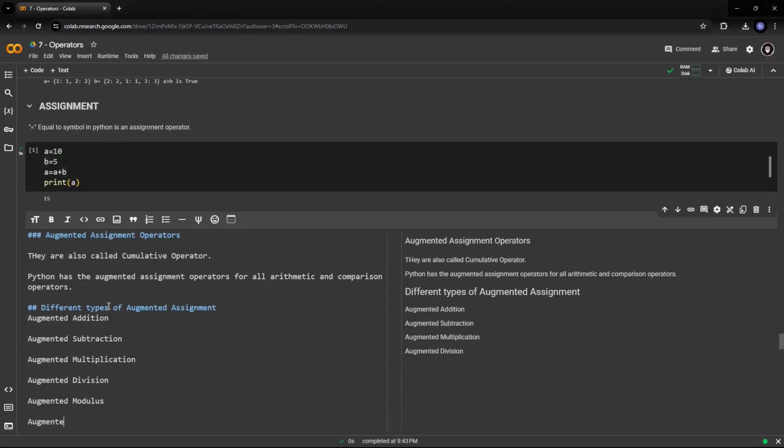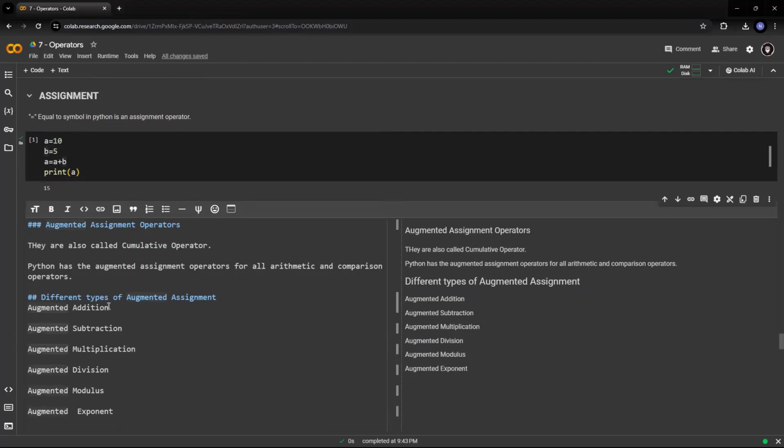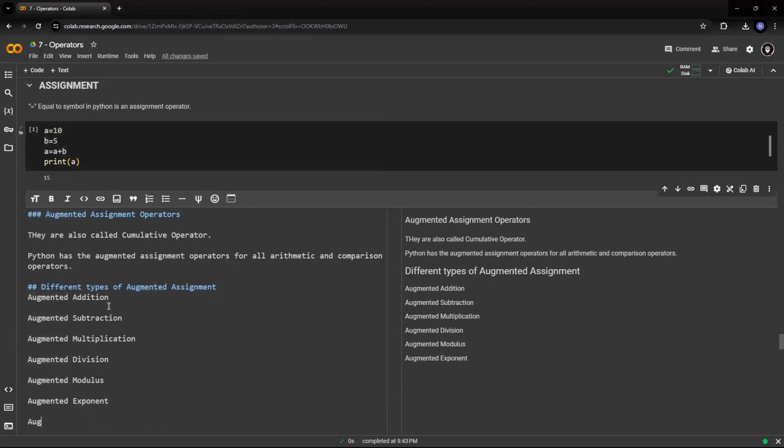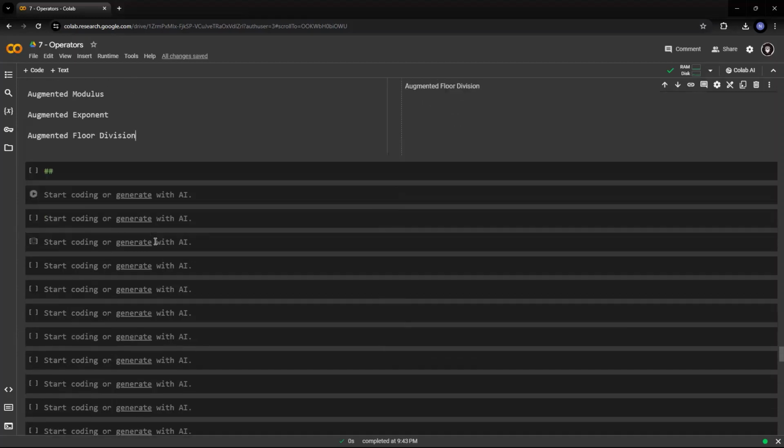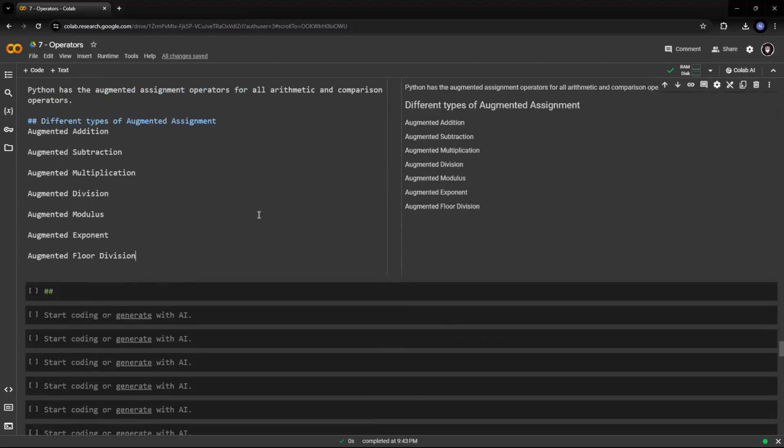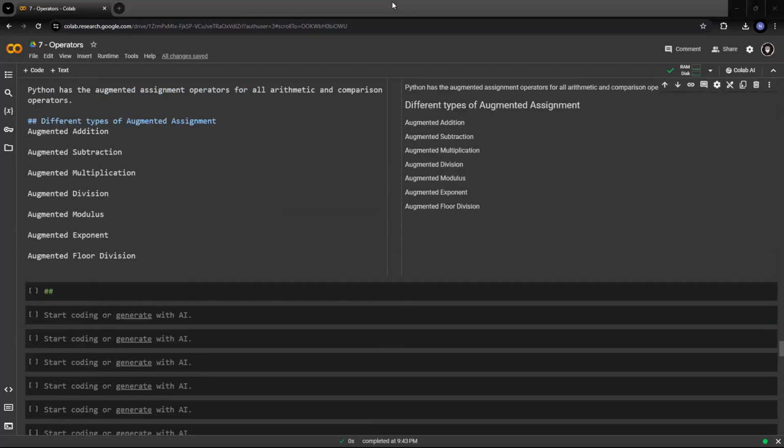What else? Exponent. These are all arithmetic operators we know about. Now we'll see how they become augmented. Augmented floor division. So these are the various types of augmented assignments in Python. Now let's check them one by one.